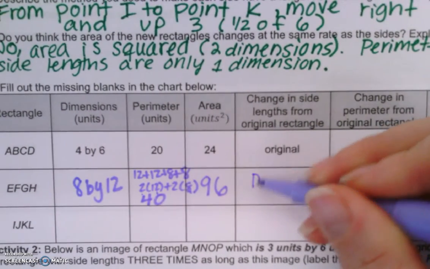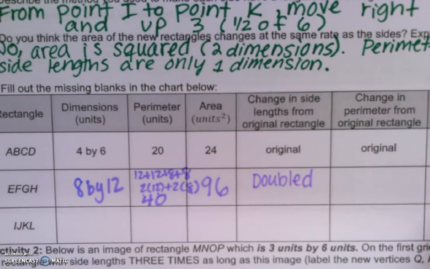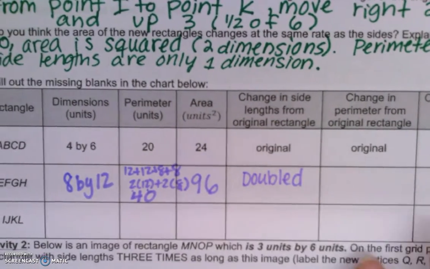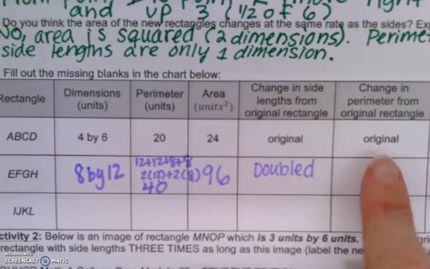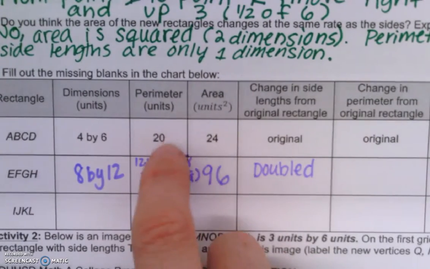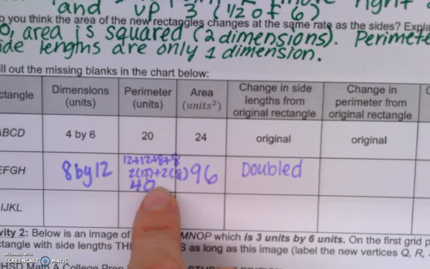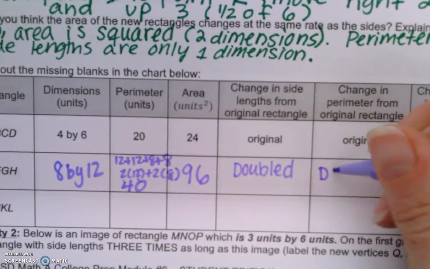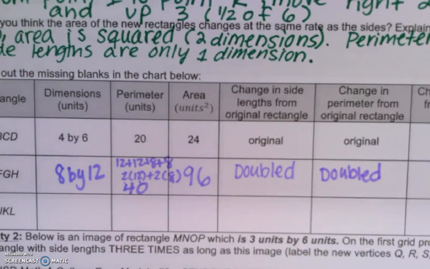We doubled. So what was the change in the perimeter from the original? Notice our first row is all the original. So from our original perimeter 20 to 40, our perimeter doubled also from our original. Interesting.